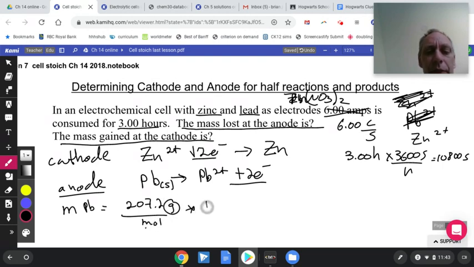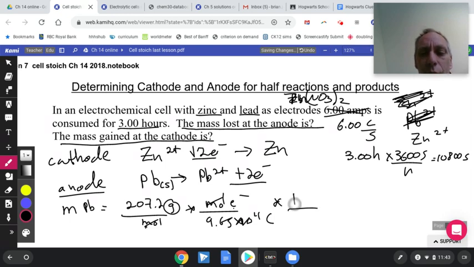Let's get rid of moles. Faraday's constant: 1 mole of electrons, 9.65 times 10 to the 4 coulombs. Moles are gone. Let's get rid of electrons. So my half reaction, and it's 1 lead for every 2 electrons. Electrons are gone. So right now I have grams of lead per coulomb.